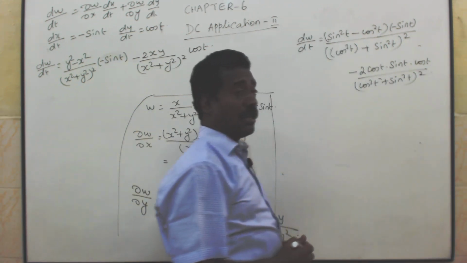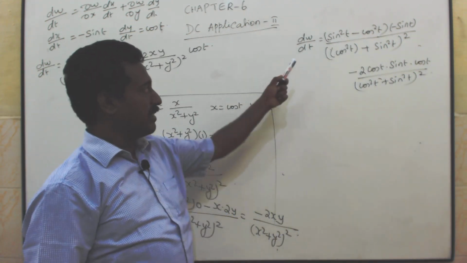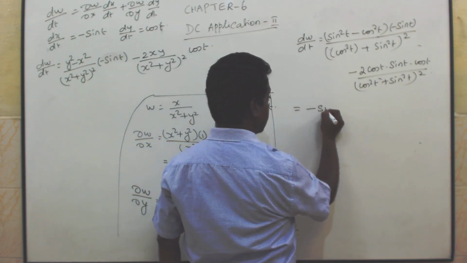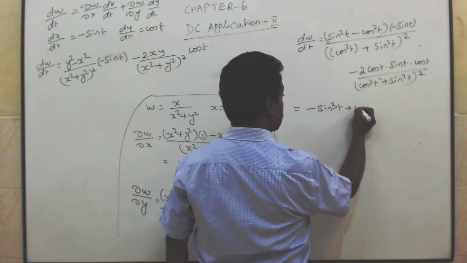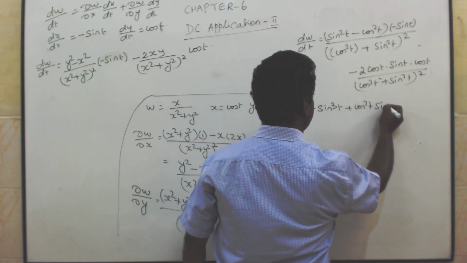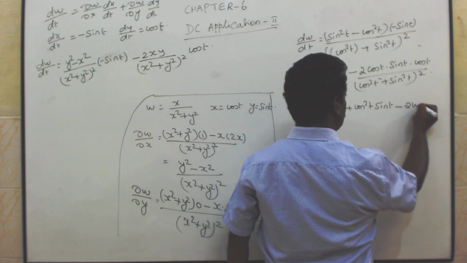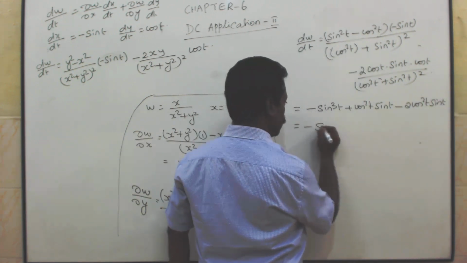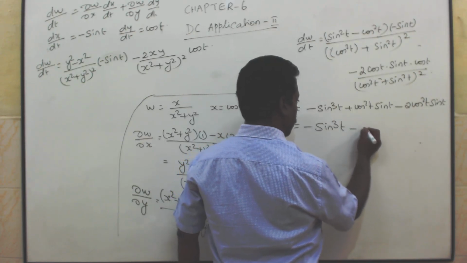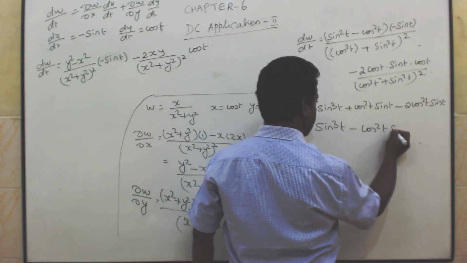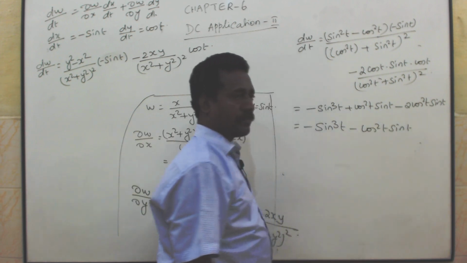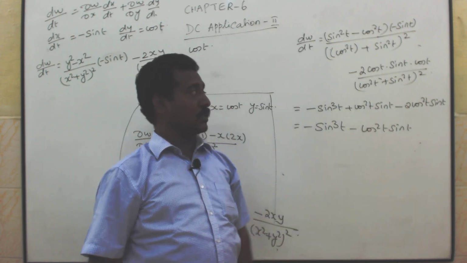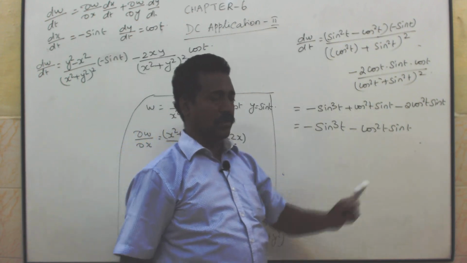But we know that cos square t plus sin square t is 1, denominator 1, 1 square is 1. Just multiply numerator: minus sin cube t plus cos square t sin t minus 2 cos square t sin t, which gives minus sin cube t minus cos square t sin t, because cos square t sin t minus 2 cos square t sin t is minus cos square t sin t.